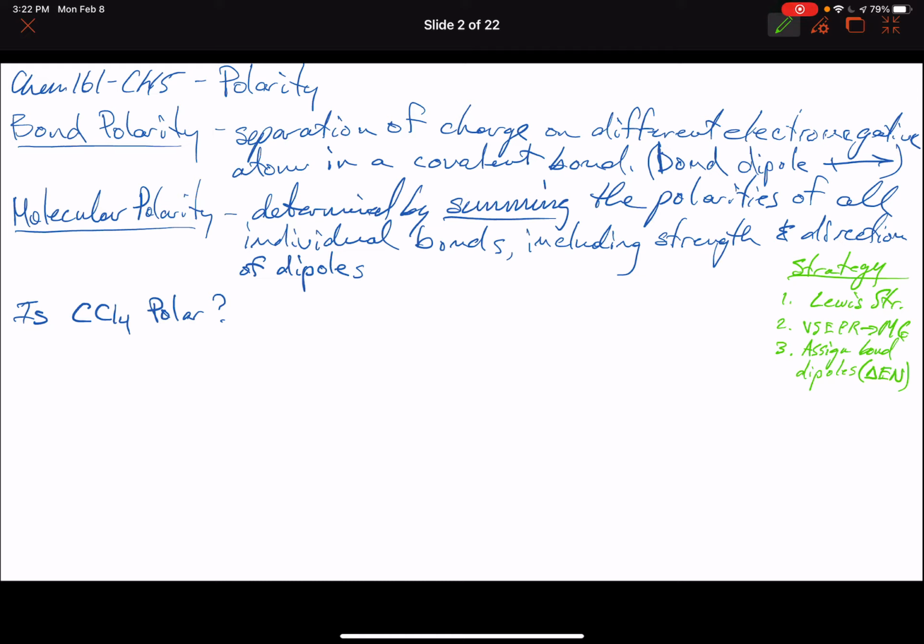And now, some new territory for us here is to then sum these individual bond dipoles together. So sum all bond dipoles. And then you can comment on the polarity as being nonpolar or polar.